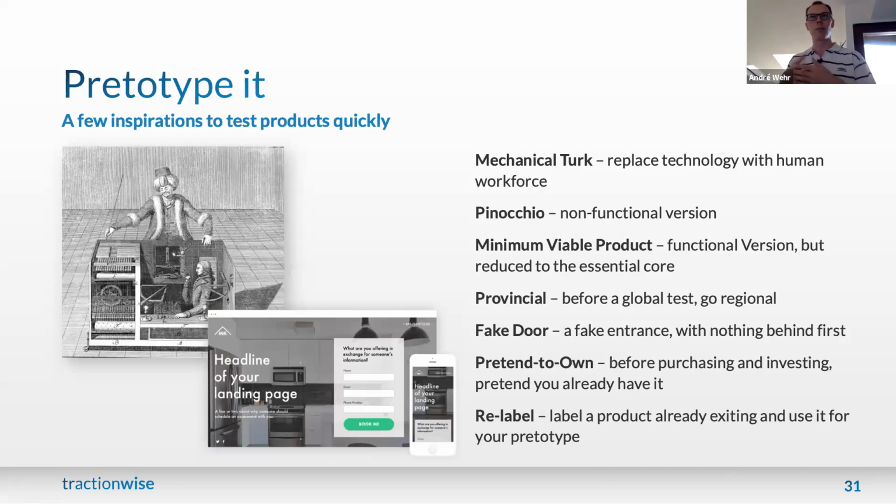You want to check how many people want to enter the door. Then also the relabel or pretend to own. If there is some competitor or some related area that you might want to go into, you can use their services or their products and relabel them and bring that to the customer for his experience, to find out what is really the value that you could bring in there.